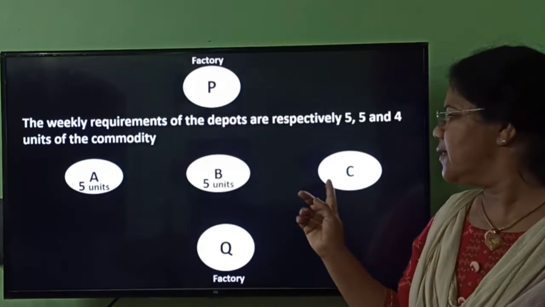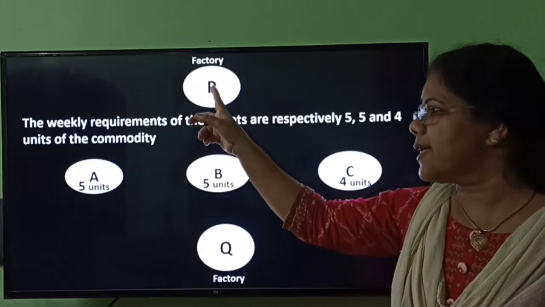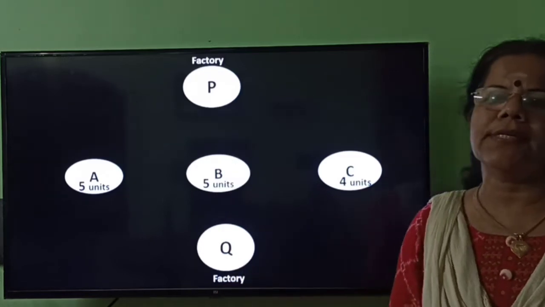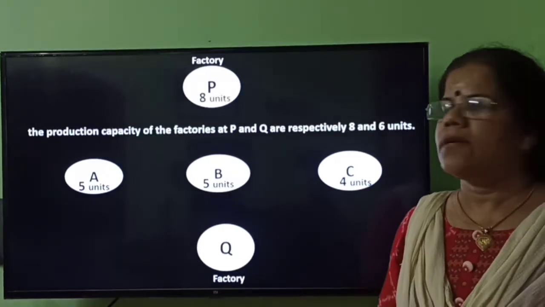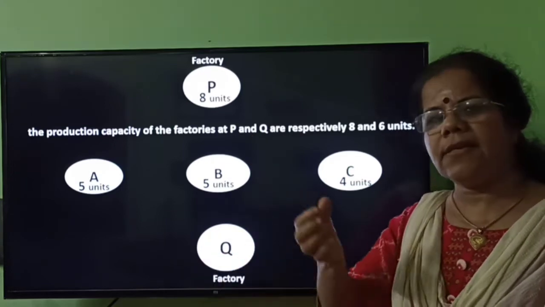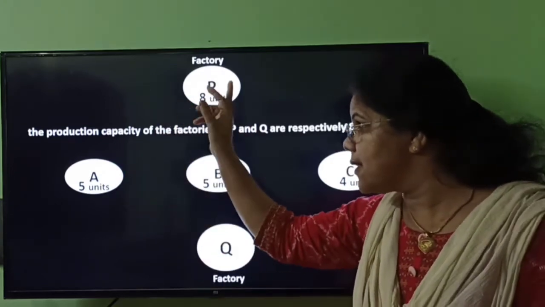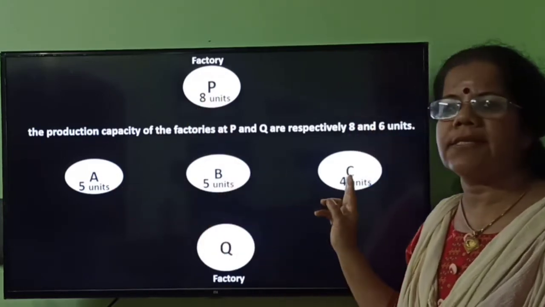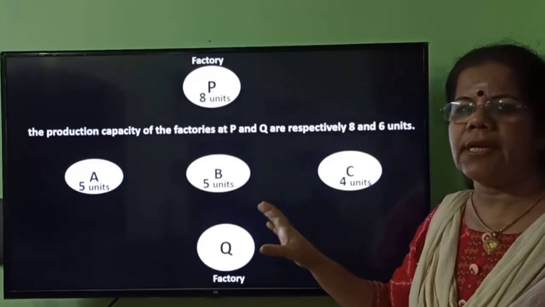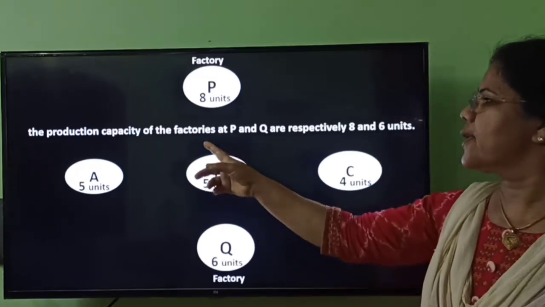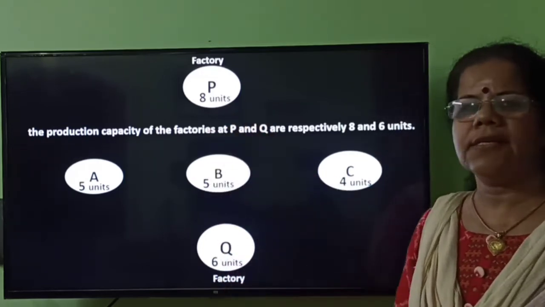Then the production capacity of factory P and factory Q is 8 units and 6 units. So, splitting each sentence, we are putting all the information in this picture.